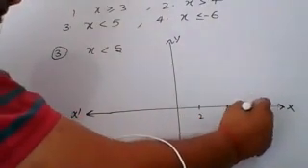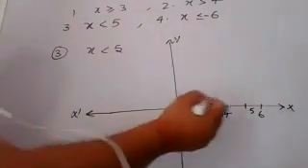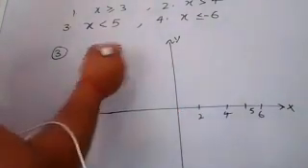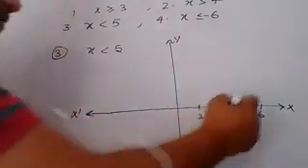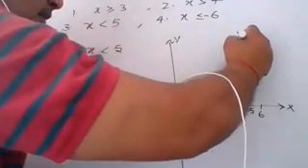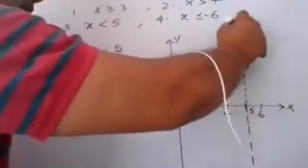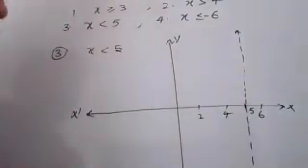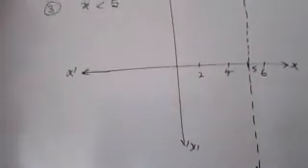So the point 5 is in between 4 and 6. Here you have less than, not equal to, so your line is parallel to the y axis and it is a dotted line. So here you draw a dotted line from 5. Okay, now check it.